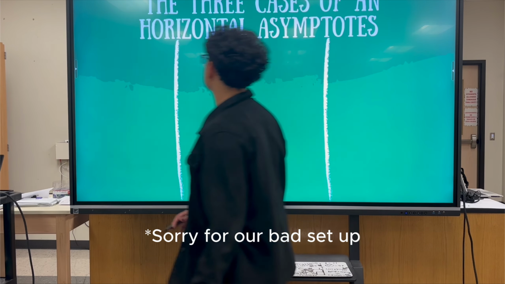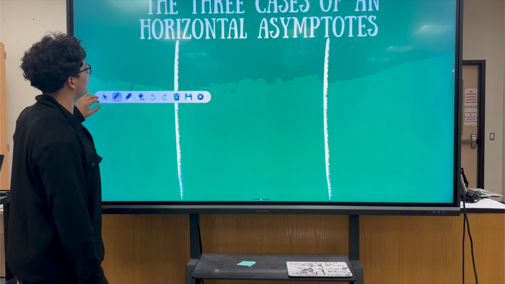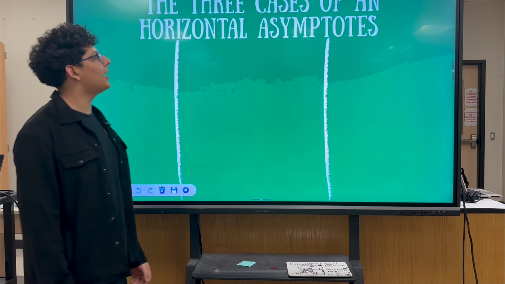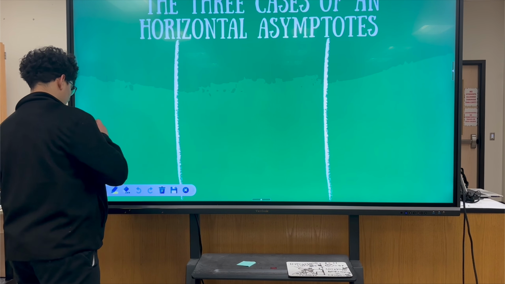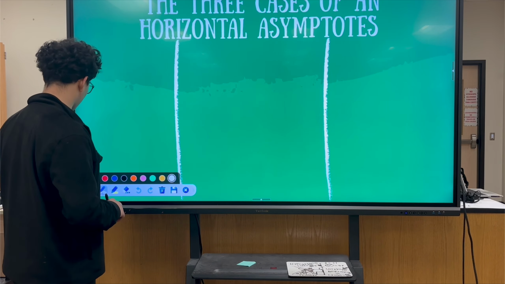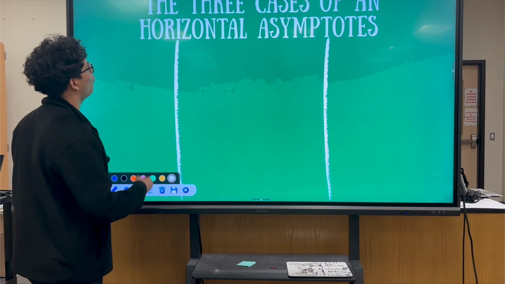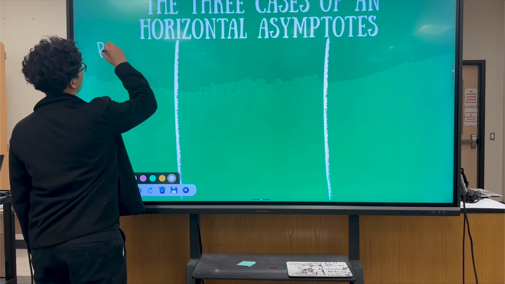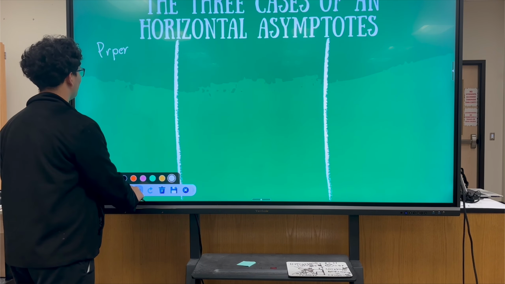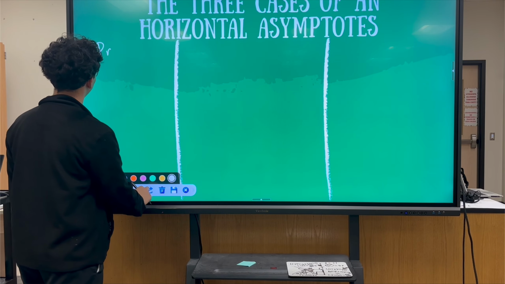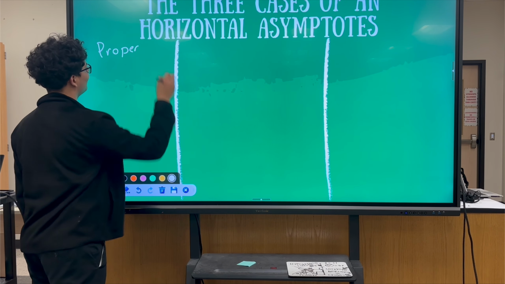Alright, so next topic. In this topic, we covered three special things. They are called the three cases of horizontal asymptotes. So we have first, proper.